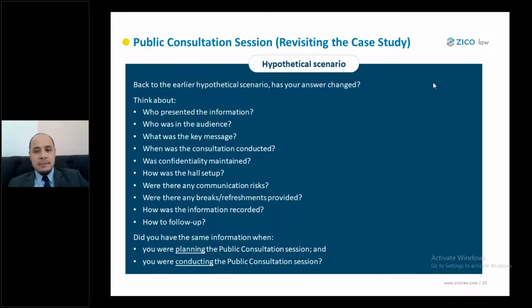Now, what was the key message? We basically wanted to inform stakeholders that there will be a new legislation and there will be formal consultation later on. So all the responses that were given were going to be short and straight to the point. Now, when was the consultation conducted? Yes, it was conducted on a Saturday, but there was ample notice given. I think it was months in advance that there was going to be this session.